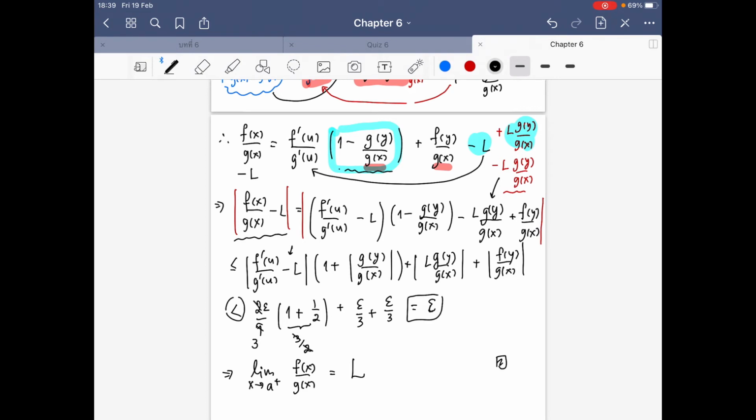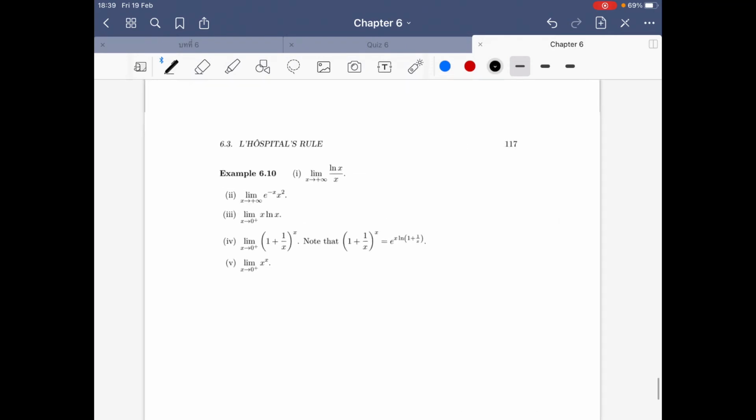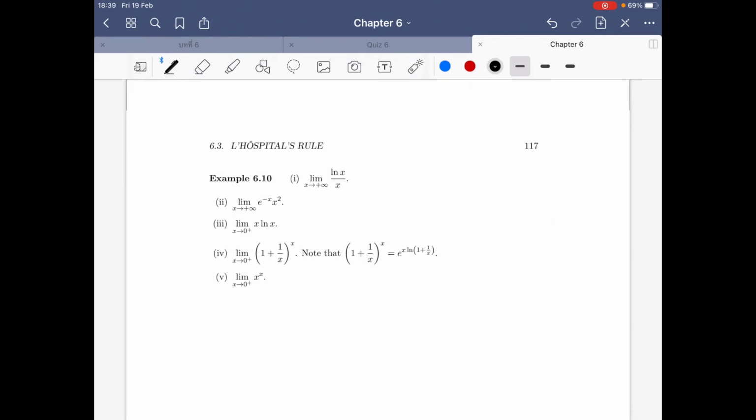So now let us consider what we have here as the example. For the first one, your g is x, and the limit as x goes to infinity of x is infinity.